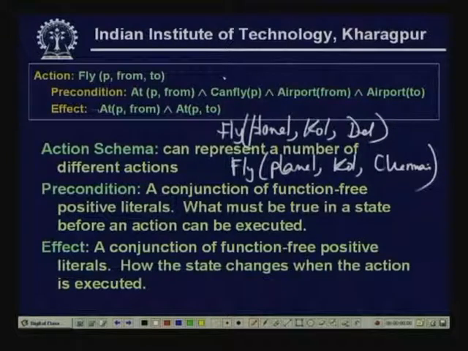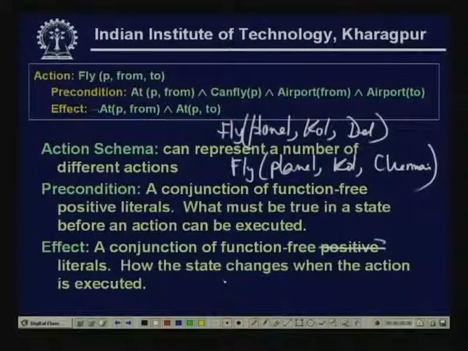As a result of the action, the effect of the action is specified by the effect clause. The effect says not at(P, from) and at(P, to). So, the effect is a conjunction of function-free literals, which may contain a set of positive literals and a set of negative literals.